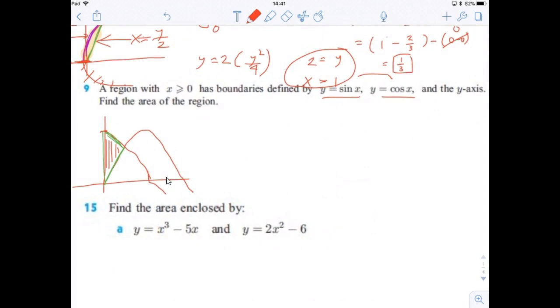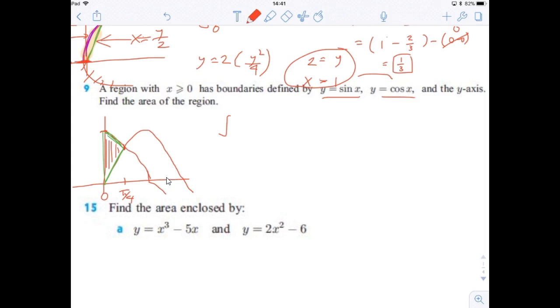Okay, so let's see. We're going to have the integral, and what are the limits of the integral? The limits of the integral are going to be from 0 to the intersection point of cosine and sine. The intersection point of cosine and sine is pi over 4, because at pi over 4, sine and cosine both have a value of square root 2 over 2, right?